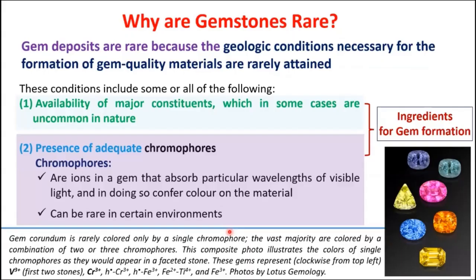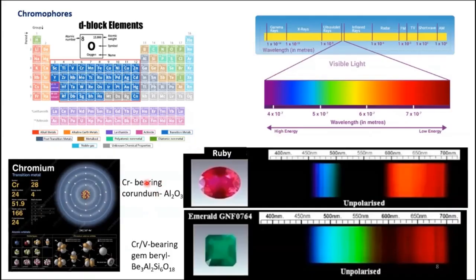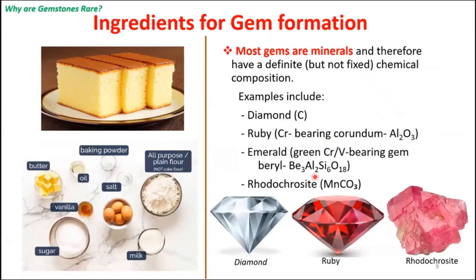Considering gemstones, there are some major constituents. Some of the chromophores could be a major constituent, whereas in this case they are impurities. But if you consider this particular mineral, which is also a semi-precious gemstone, rhodochrosite, manganese carbonate, here manganese is a d-block element.